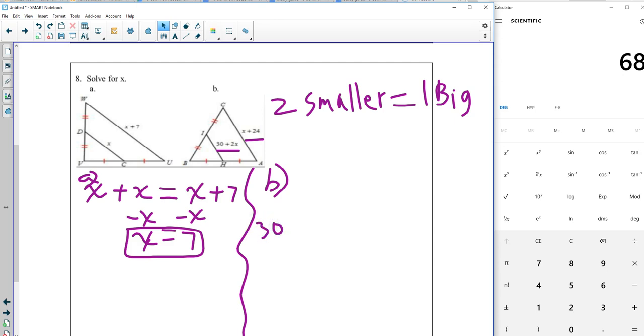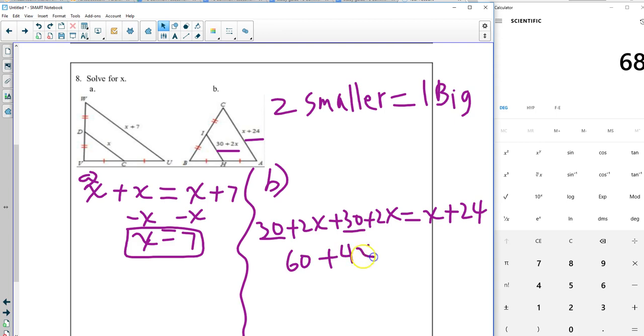Need two of the smaller ones. 30 plus 2x plus 30 plus 2x is equal to x plus 24. Okay, so now we combine like terms. Now it's algebra. 30 plus 30 is 60. 2x plus 2x is 4x is equal to x plus 24.